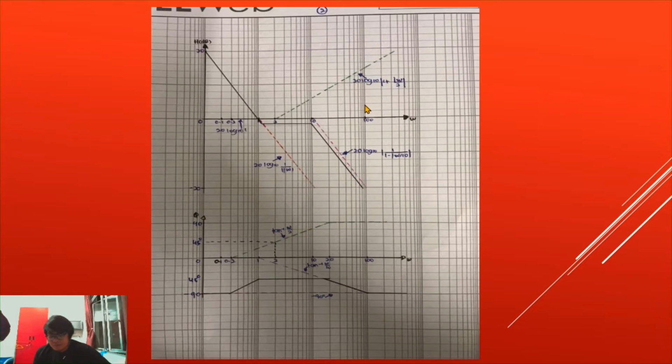So we add it all: negative 20 plus 20 plus 0, we get 0.